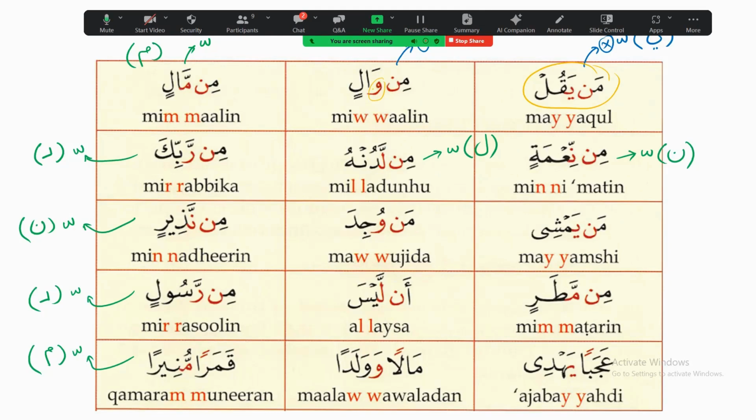Ya, waw, mim, noon, of the second type of idgham. So we will skip the sound of noon, but the nasal of noon sakin will remain, and we will say miwalin, right? I'm giving time on waw here and saying miwalin. The noon sakin will be just gone, but the nasal will remain. Miwalin.